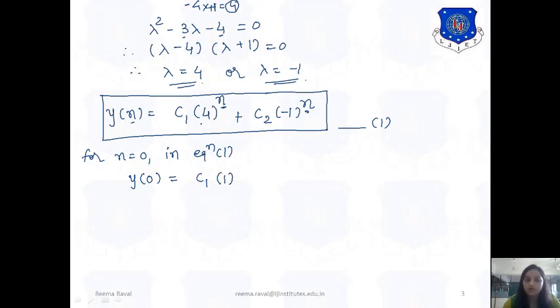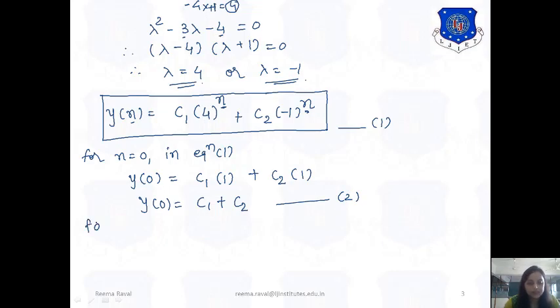Because 4 raised to 0 will be 1, plus C2 into minus 1 raised to 0, that will give 1. So this will give the equation y of 0 equals C1 plus C2. We will name it as equation number 2.